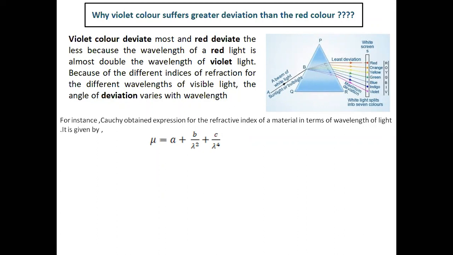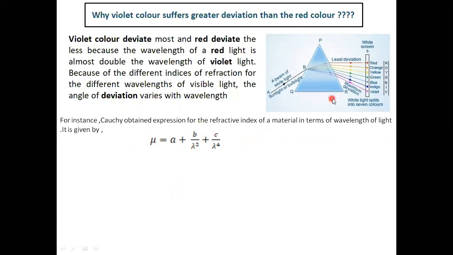How can we find a relation between them? Cauchy derived a relation that tells the connection between refractive index and wavelength of the color. Here, A, B, C are nothing but constants. From this equation we can clearly see that refractive index is inversely proportional to wavelength.